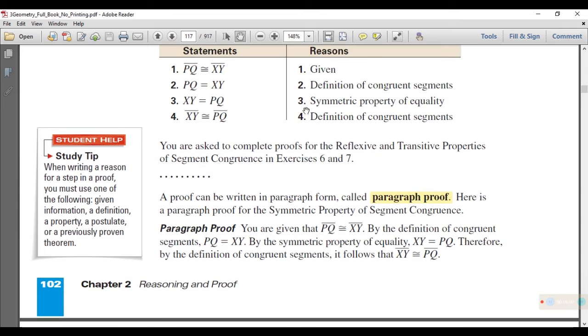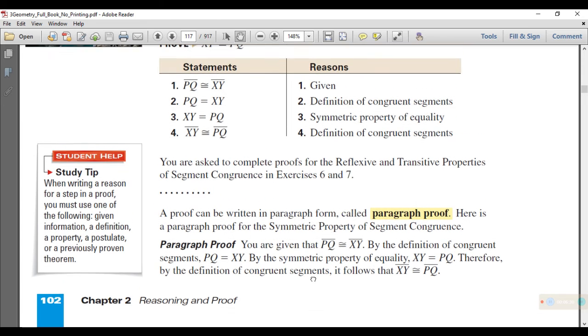Next, reason: symmetric property of equality, XY, PQ. So, by symmetric property of equality, XY is equal to PQ. Tapos, ang pattern natin, when we are arriving at the conclusion, lagi natin ginagamit tong word na to: therefore. Therefore, by the definition of congruent segments, it follows that XY is congruent to PQ.